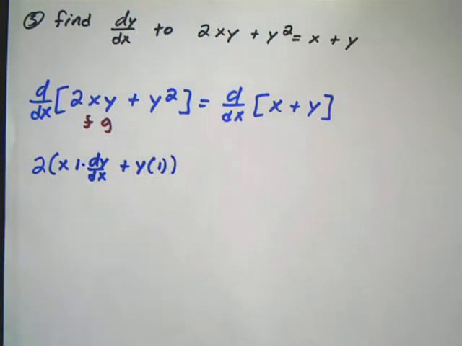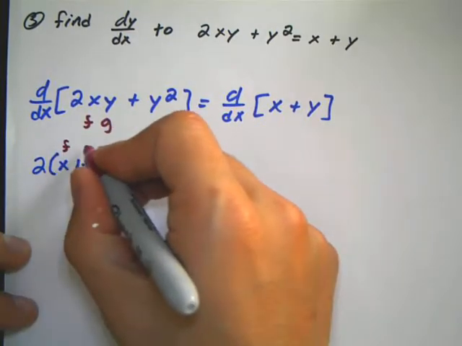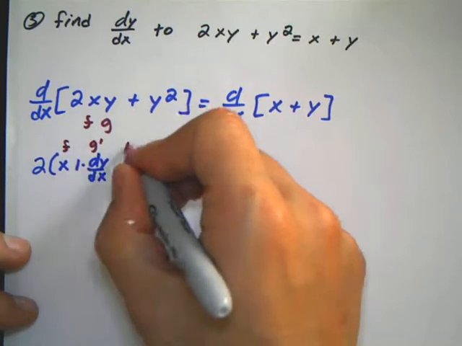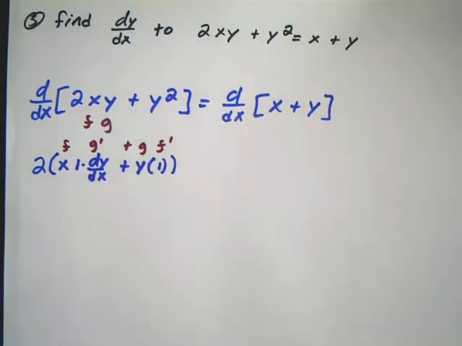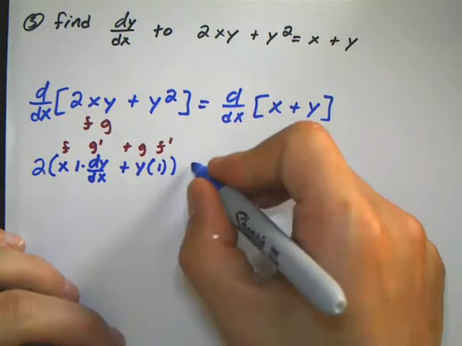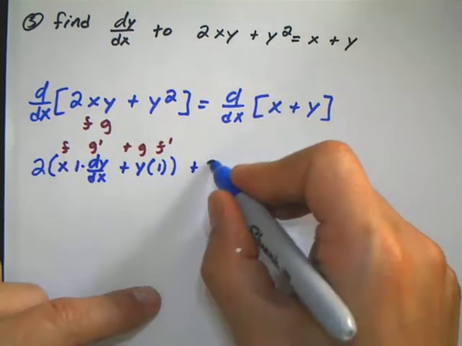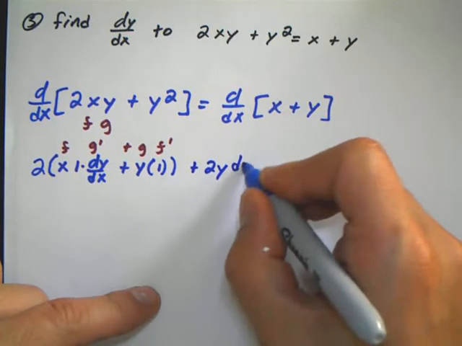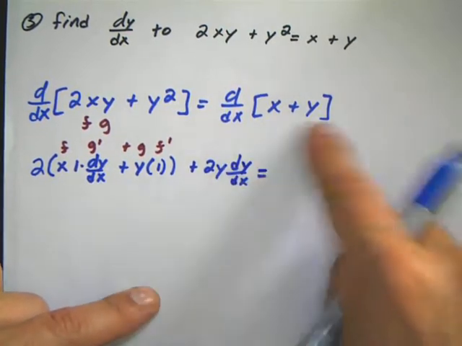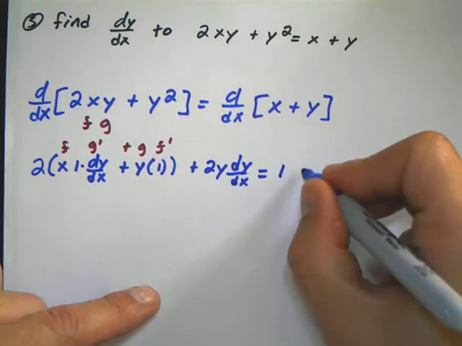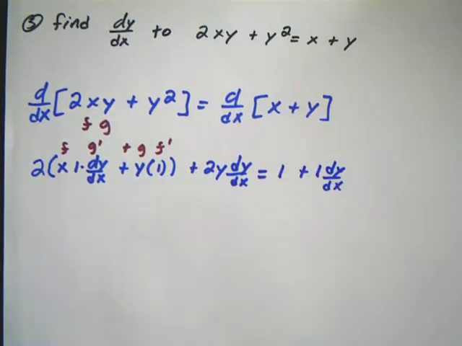So all this is the derivative of f. This is g prime plus g, this is f prime, plus, now the derivative of y squared is going to be a 2y. The variable mismatch, so dy dx. And then now the derivative of this side is going to be a 1 plus 1 dy dx.